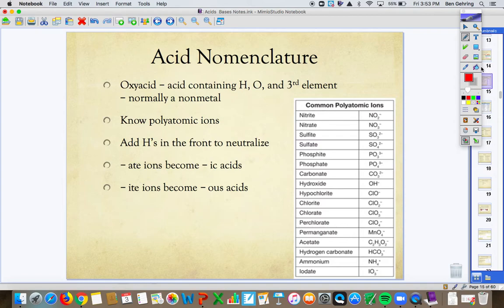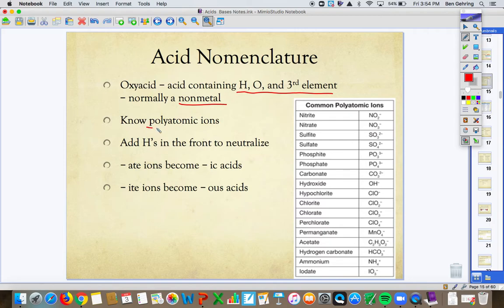When we talk about oxyacids, so binary again had two elements. Oxyacids have three, typically three or more. So these are acids containing hydrogen, oxygen, and a third element, and typically it's a nonmetal.